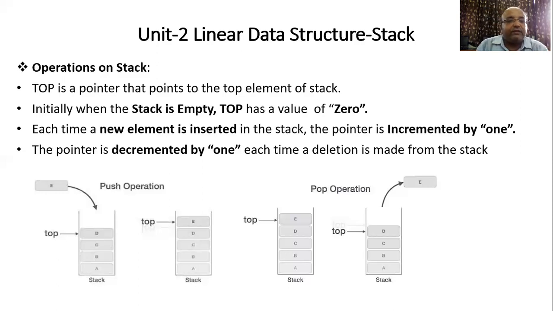Now if you see this figure, first I have shown the push operation. Say for example, in a stack we already have 4 elements: A, B, C and D. Top is a pointer that points to the top element of the stack, so in this case our top element is D, and currently top points to D. Now suppose you want to insert one more element, say E. Each time a new element is inserted in the stack, the pointer is incremented by 1.